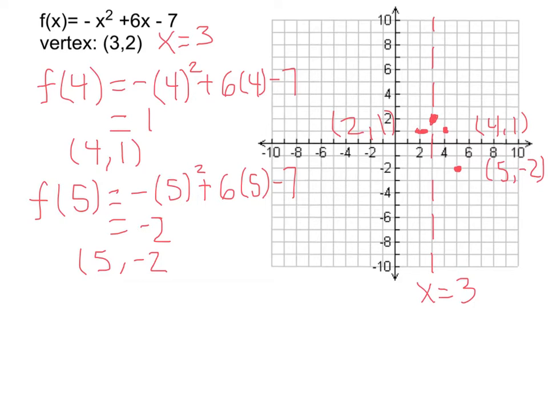My other reflection point is going to happen over here at 1, negative 2. They're both 2 units away from x equals 3, our axis of symmetry, and they both occur at the y value negative 2.